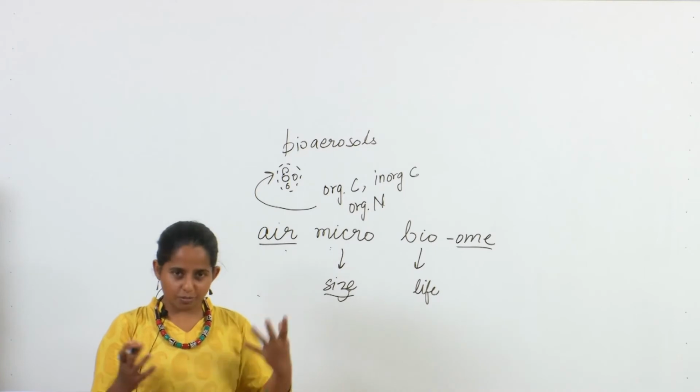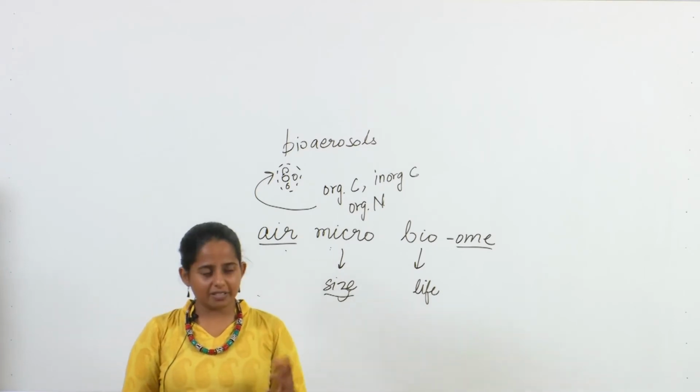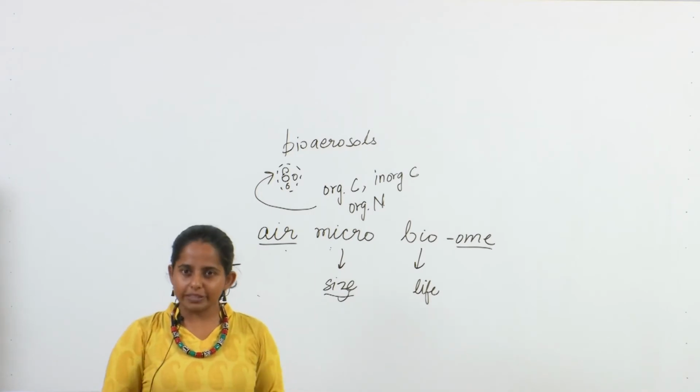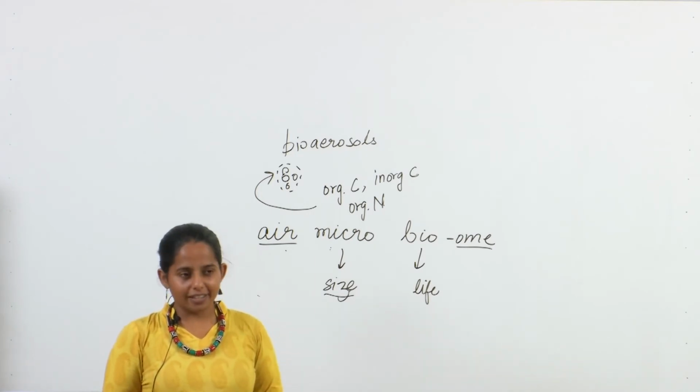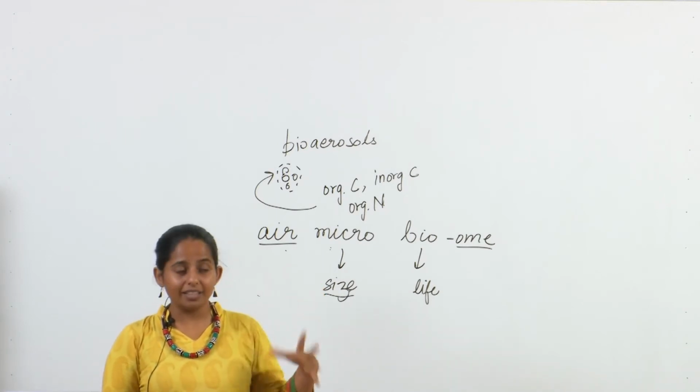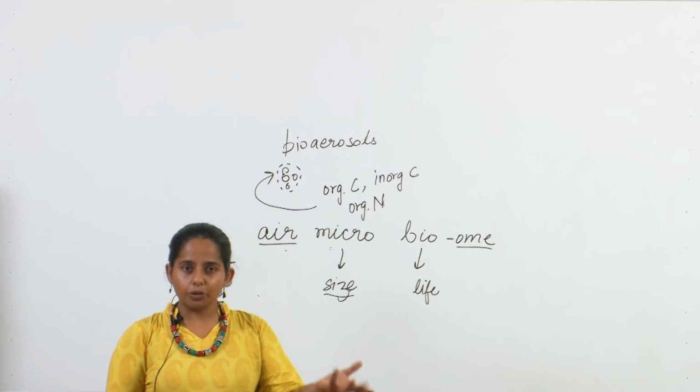Again, a short revision from your basic environmental science course, which is taught to all undergraduates now. A primary pollutant is a pollutant that is originally released from the source. So if I have a chimney releasing smoke from an industry, all the pollutants in the smoke are primary pollutants.